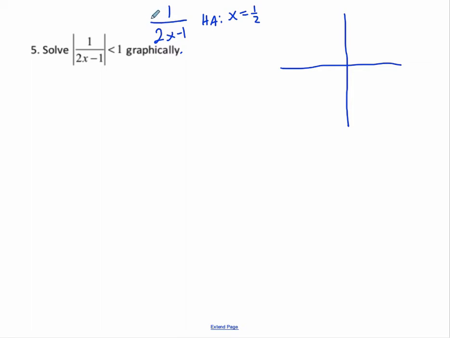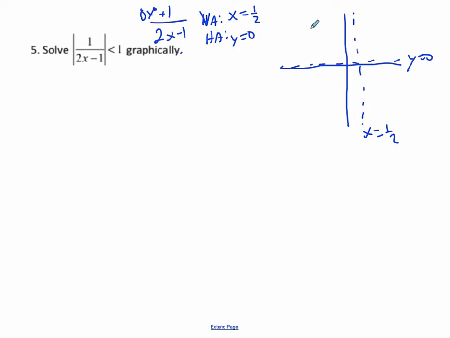It's going to have a horizontal asymptote at y equals 0, because the ratio of the coefficients is going to be 0. So we have a horizontal asymptote here, vertical asymptote at x equals half.